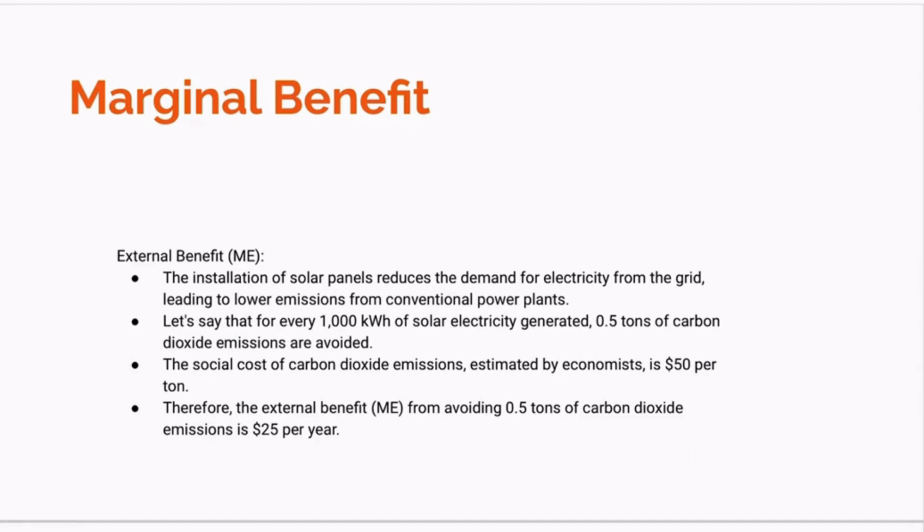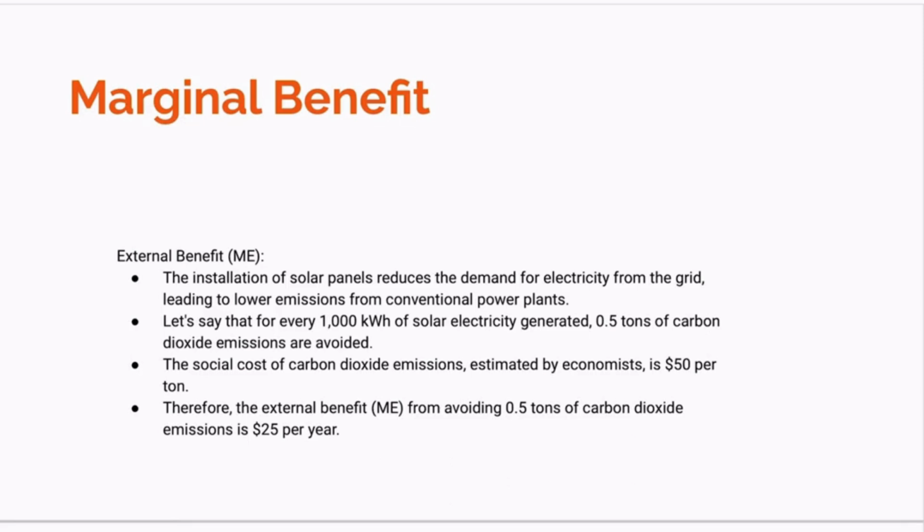So now, if we assign a social cost to the carbon dioxide emissions, let us say that cost is $50 per ton. So the external benefit which the household would contribute to the society would be 0.5 tons into $50, which comes as $25 per year.